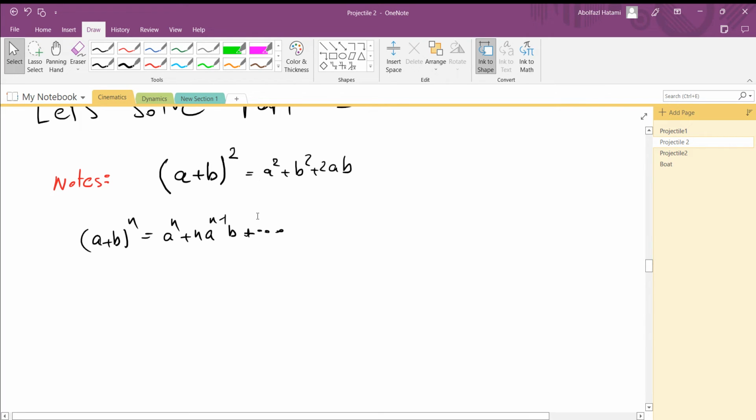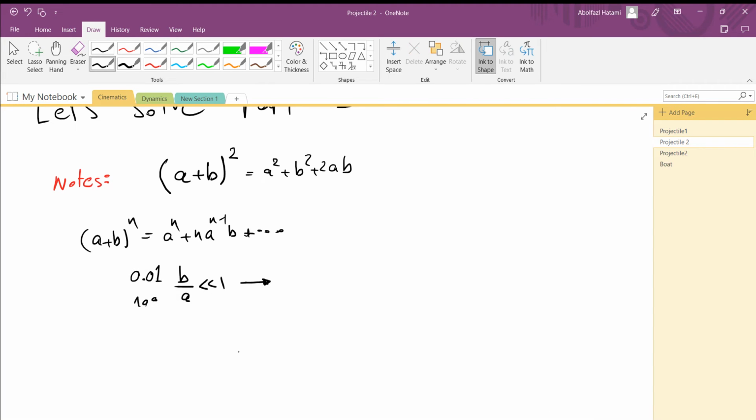You can do something else with it. I will write a plus b to power n as a to the n plus n a to power n minus 1 b plus some extra terms. But because this b is so small, I can neglect the other terms, for example, b2, b3, b4.